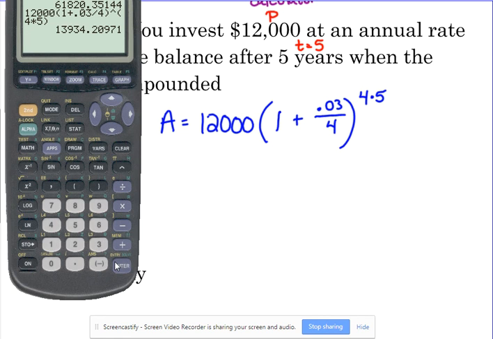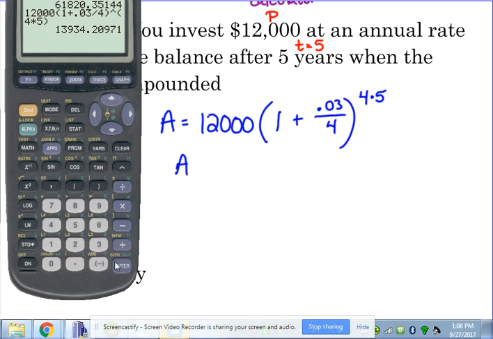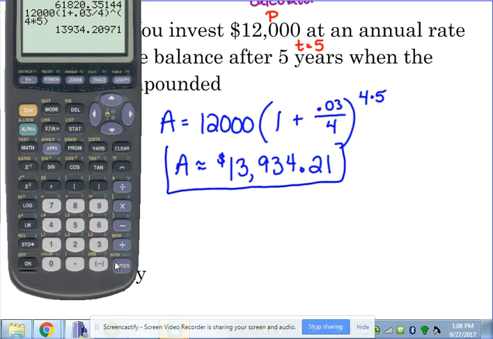So parentheses matter, or if it's something easy to multiply, just go ahead and multiply it and put that number up there. Okay, so after 5 years compounded quarterly, we have made approximately $13,934.21. We're talking about money, so you should automatically round to 2 numbers after the decimal.